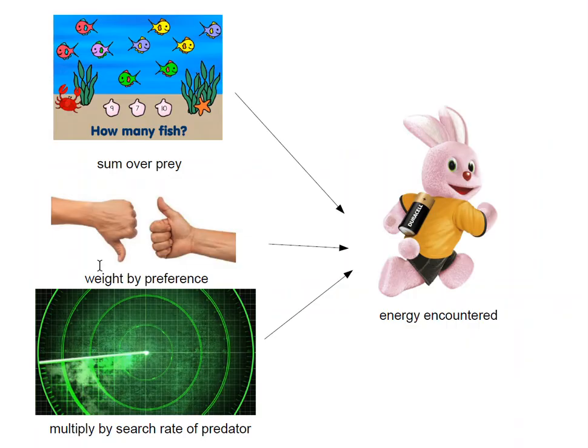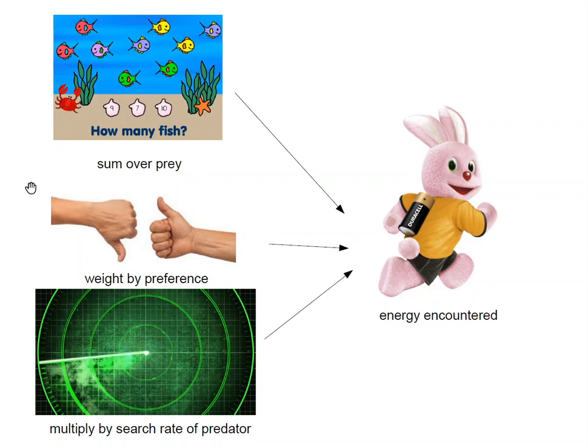Okay, so how do we work out the growth rate of a particular individual in Mizer? Well, the first thing we want to do is find out how much energy that individual is getting. And to do that, we sum up over all the different prey that individual will have. So we do an integral.